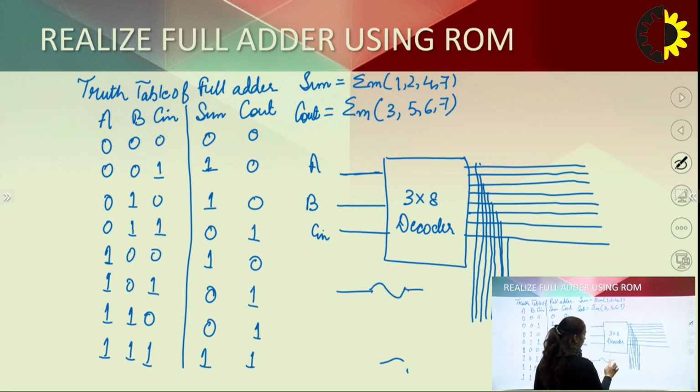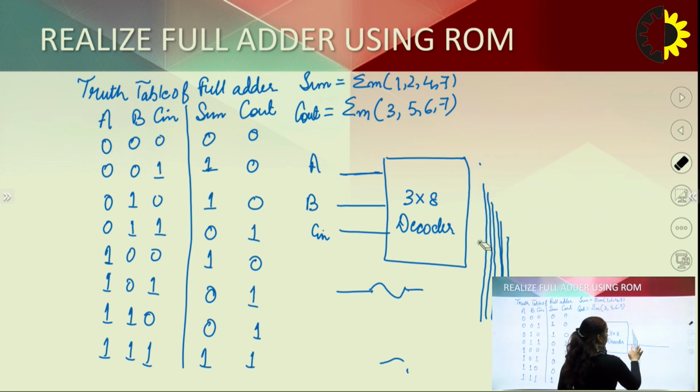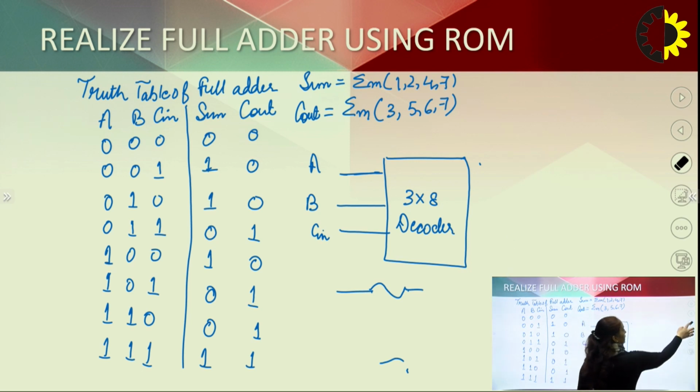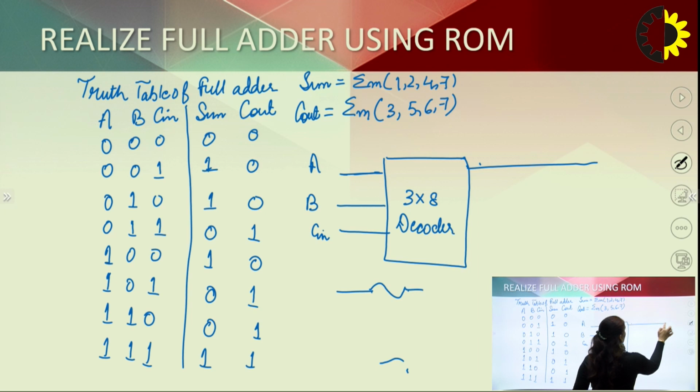As I have less space, these fuses are marked in this way. So this way also we can make the connections. All lines are connected to the OR gate, and wherever you need the connection, the fuse will be connected, and the rest of the fuses will be open.